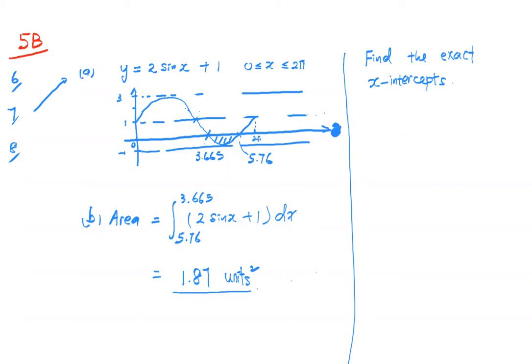Area is 1.37 or 1.87? I'll say 1.37 or 1.87. Sure, you got 37.